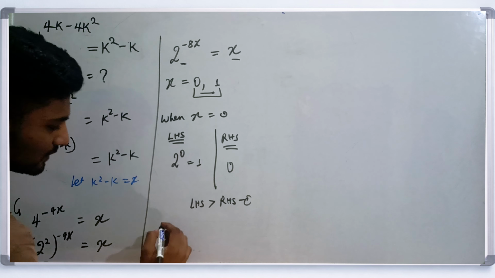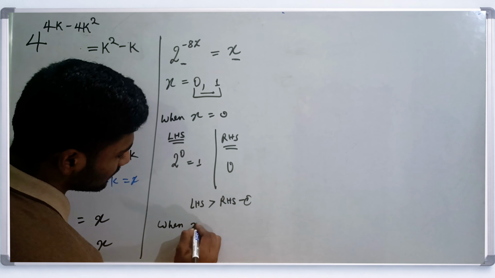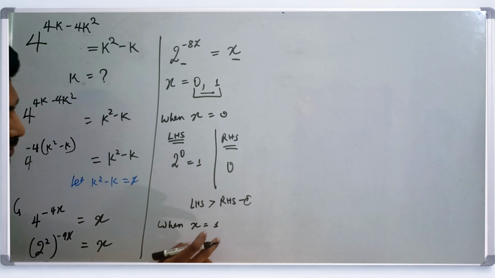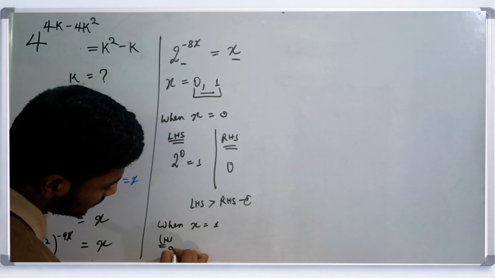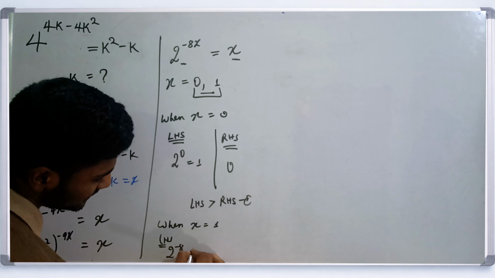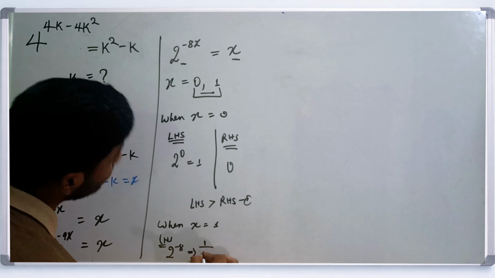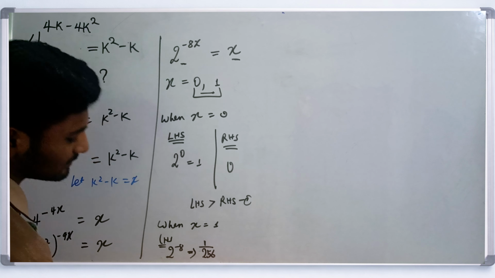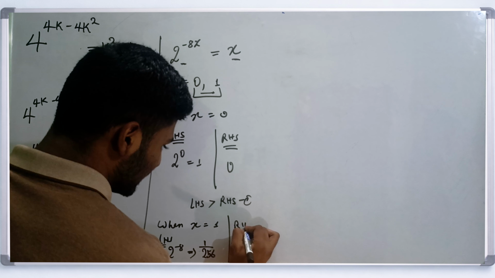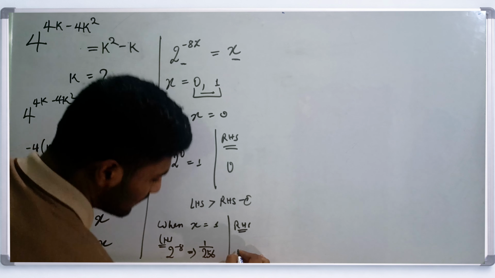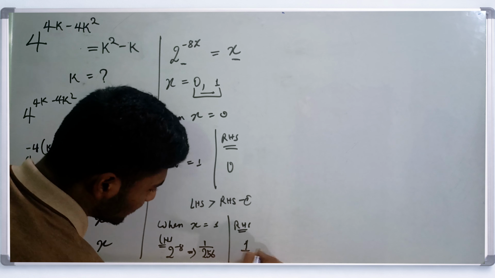Now let's put the value of x equal to 1. When x is equal to 1, on the LHS we are going to get 2 raised to the power minus 8, which is the same as 1 over 256, and on the RHS we are going to get 1 only.